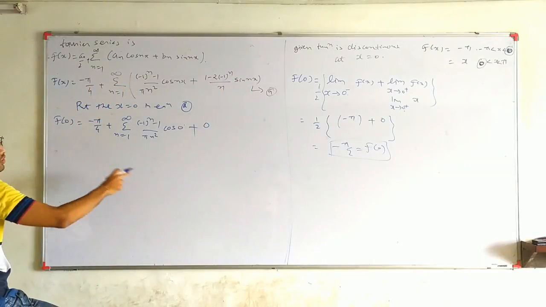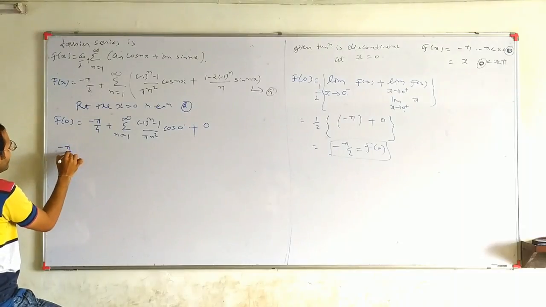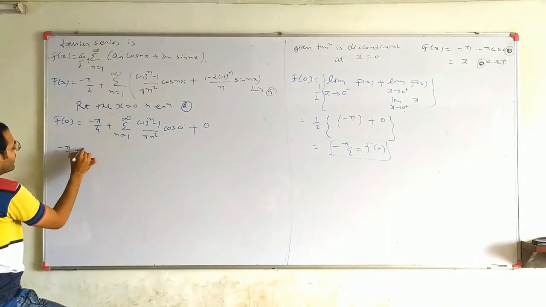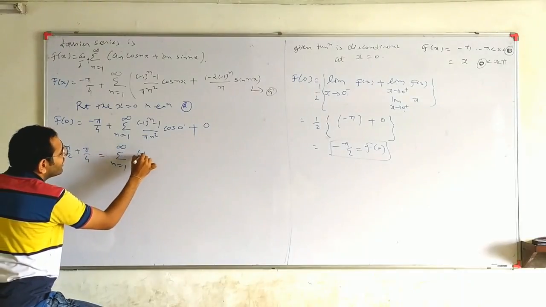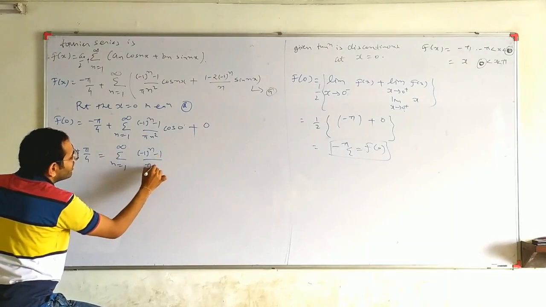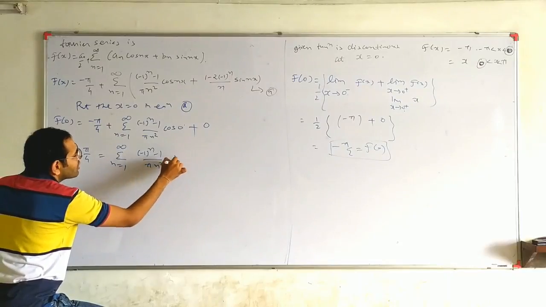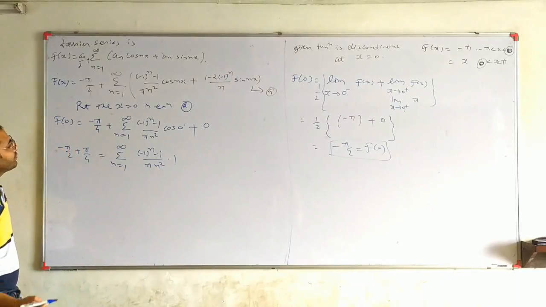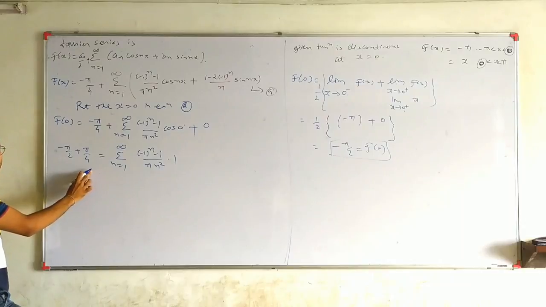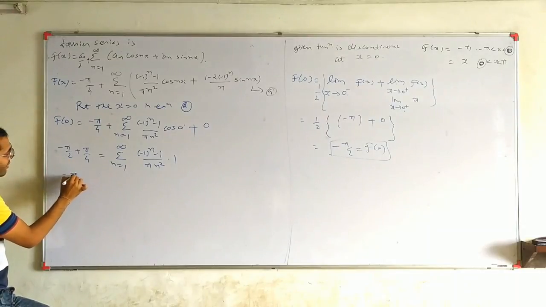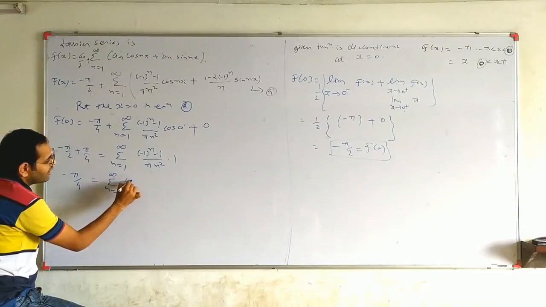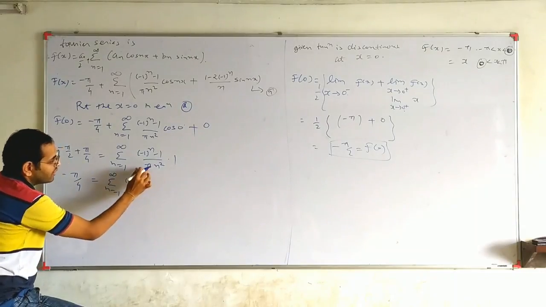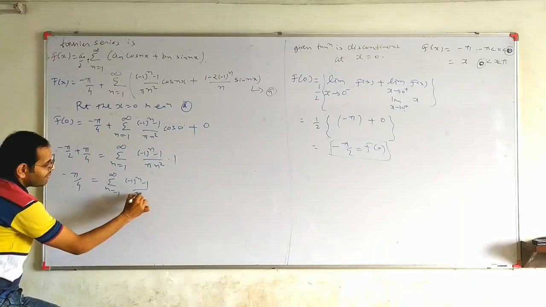Then the value of f of 0 is minus pi by 2. Then minus pi by 2, this term comes this side, then we get pi by 4 equal to summation n equal to 1 to infinity minus 1 raised to n minus 1 upon pi n square, cos 0 is 1.